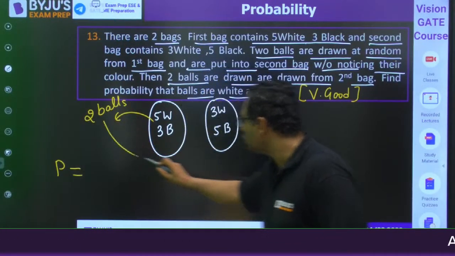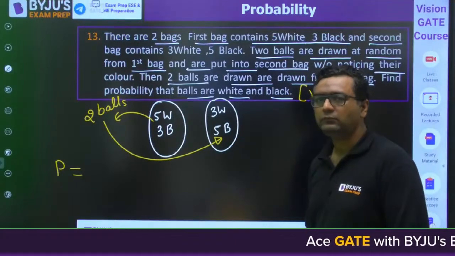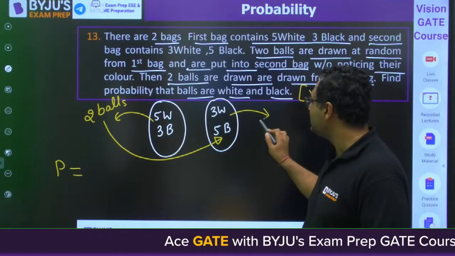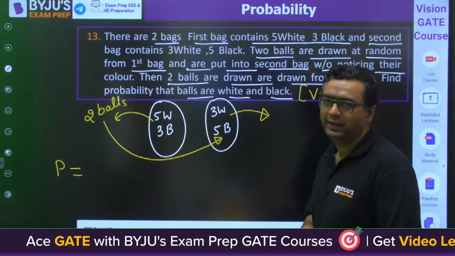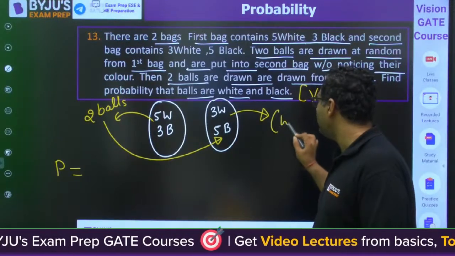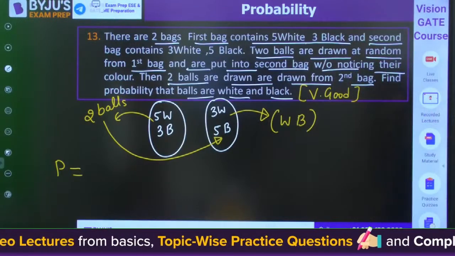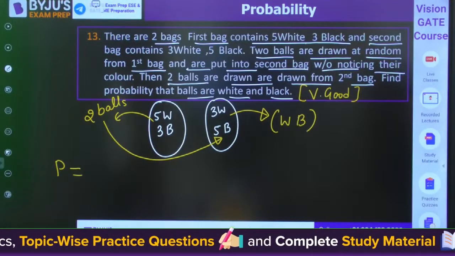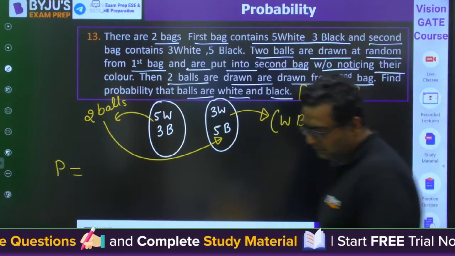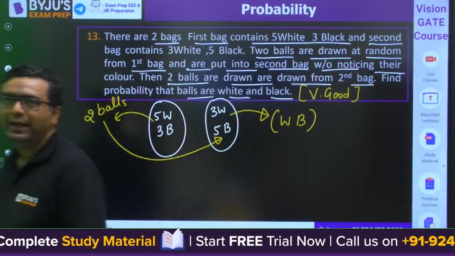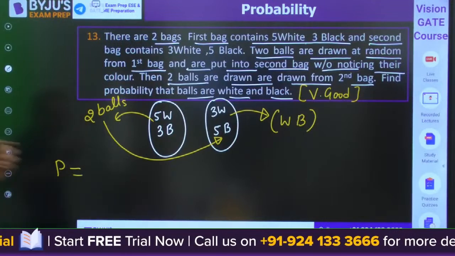And we are placing those 2 balls here. And then we are taking 2 balls from here. What is the probability that one of them is white, other of them is black? That is what they are asking. Okay. So let us start.